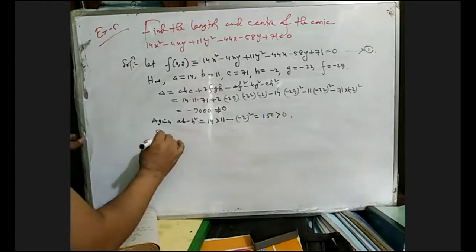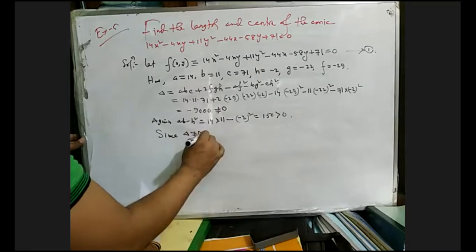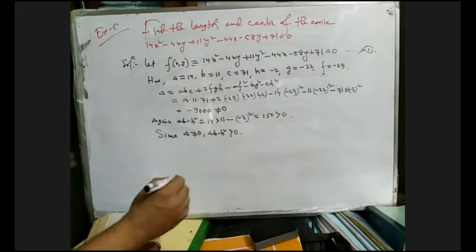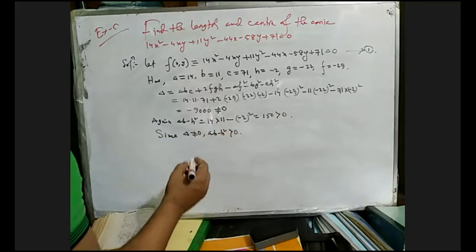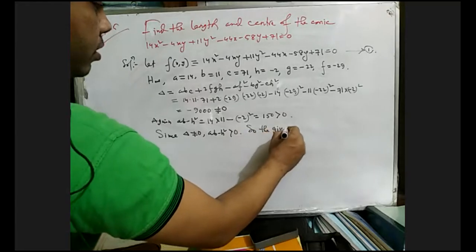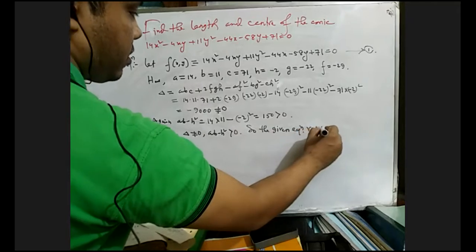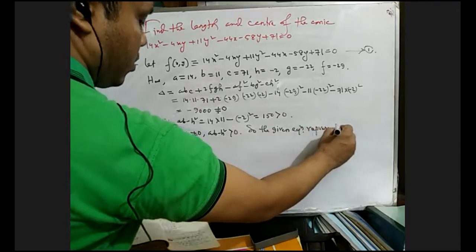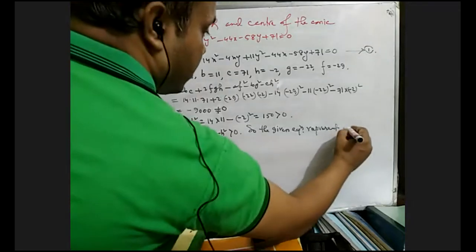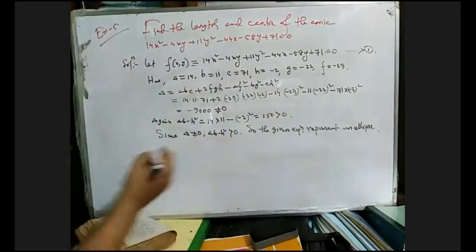Since the determinant is not equal to 0 and ab minus h square is greater than 0, the given equation represents what? An ellipse. Represents an ellipse. Okay.